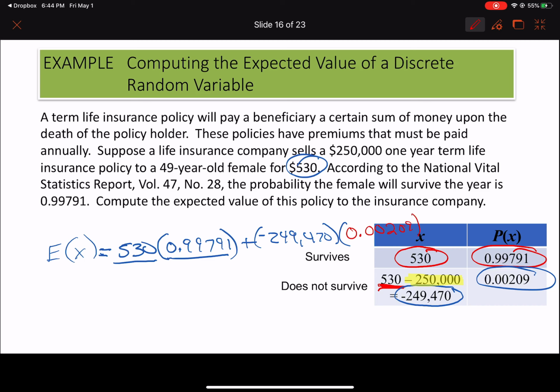So we have the negative $249,470 times the probability that they're going to lose that amount.